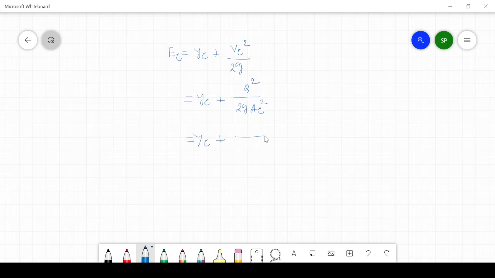Q square by AC square is equal to B square YC square. Again, Q square by B square is equal to what? Q square by B square, small q square.